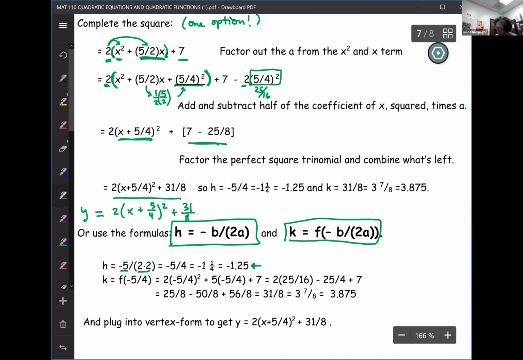Oh, you know what? I have to change my sharing because I'm not sharing the whole screen. Well, I'll tell you what, let me stop sharing with this one.